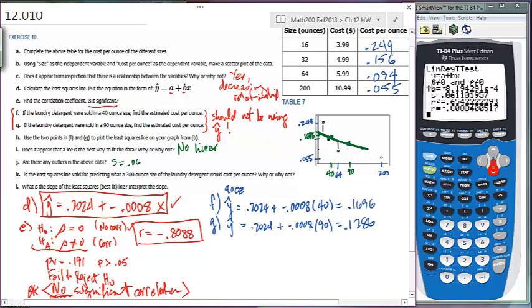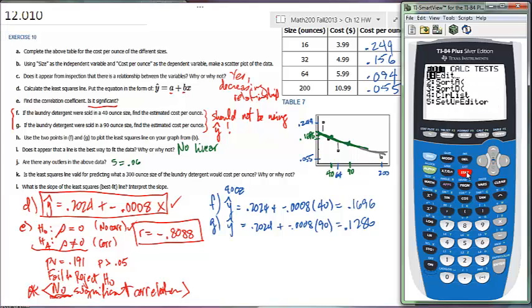from each of these points away from the line. I didn't draw this line all the way through, but we can take a look at that. So one way to do that is to go to your list again, and remember that L1 are your X values, L3 are your Y values, L2 is not significant here.